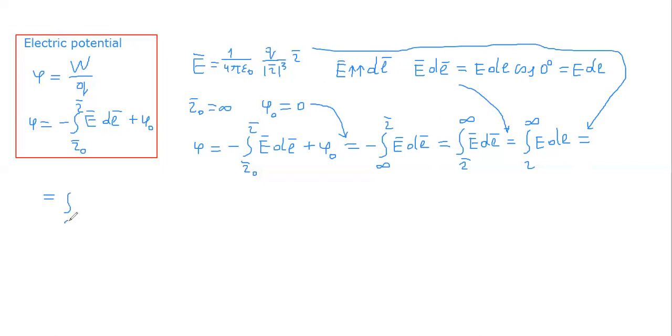Integral from R to infinity, 1 divided by 4 pi epsilon 0, q divided by L in second order, dl.